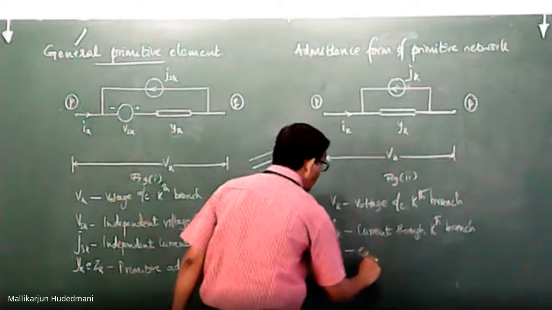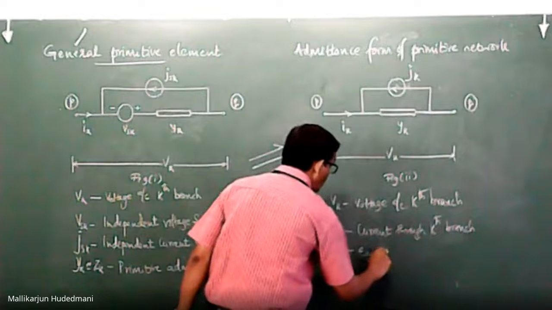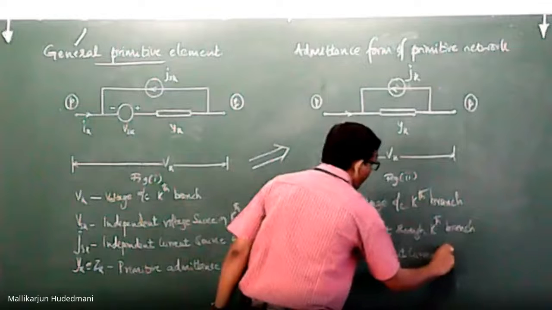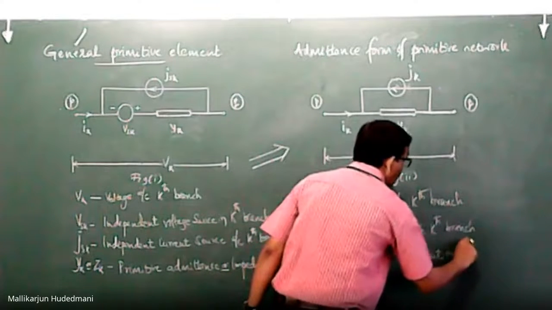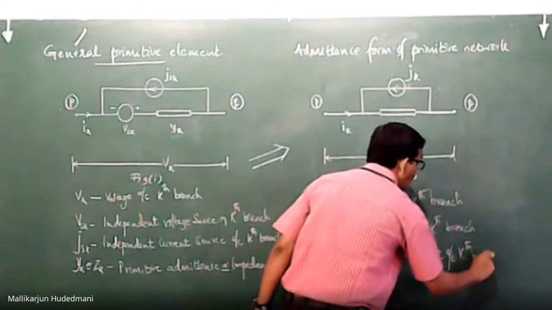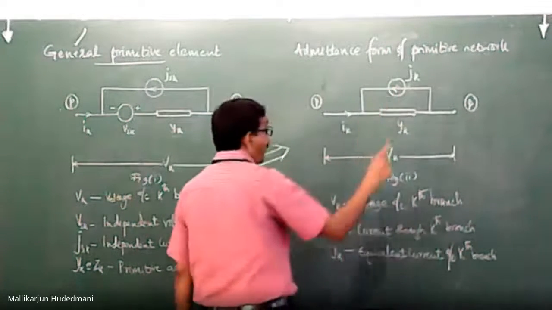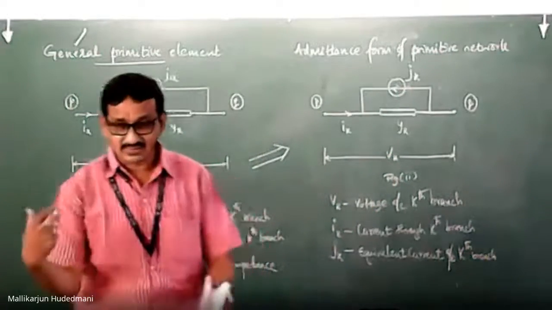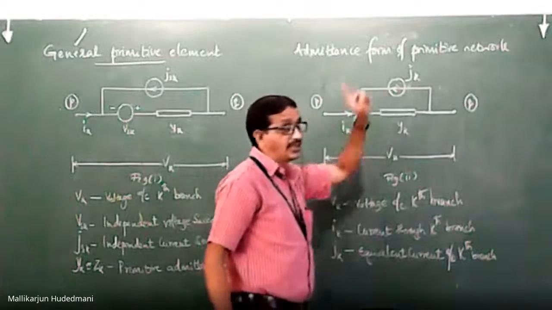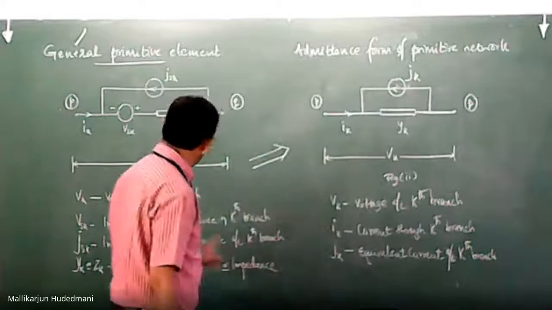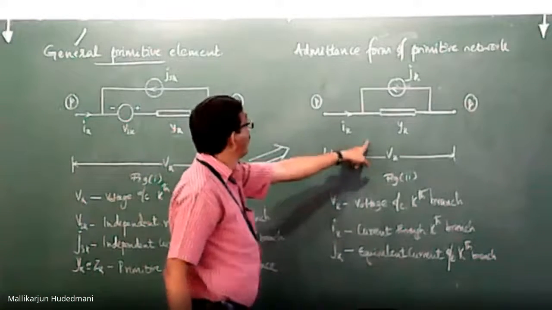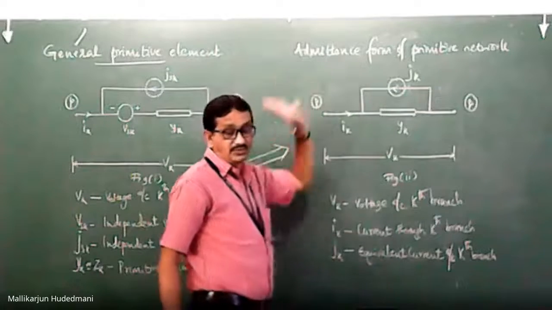Jk is the equivalent current source across kth branch. You might find how you get this. You have to have transformation. When I mathematically reduce it, I will have some term represented as Jk. You will see it, no problem. So this is how this network is viewed for admittance form of observation.